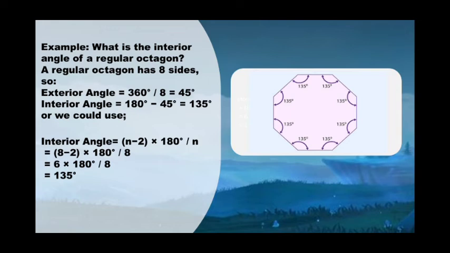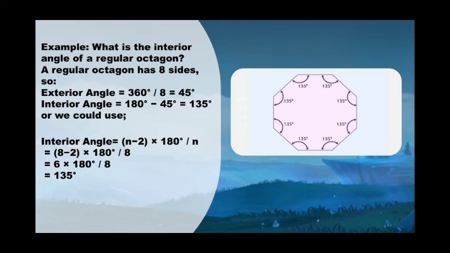So, the interior angle now, kasi nakuha na natin yung exterior angle eh. So, susunod natin isosolve is ang interior angle. So, interior angle is equal to 180 degrees minus 45 degrees is equal to 135 degrees.